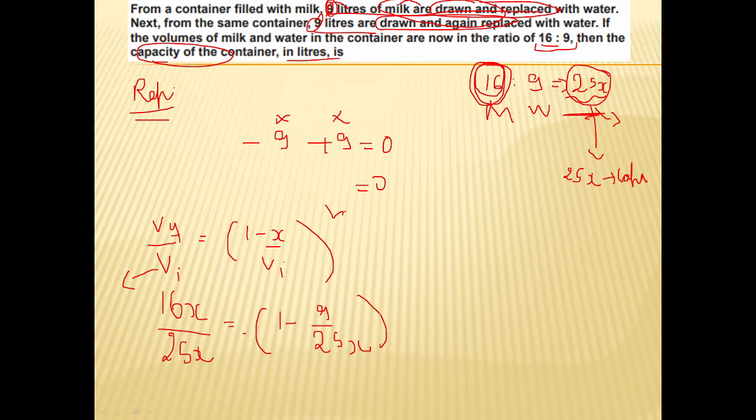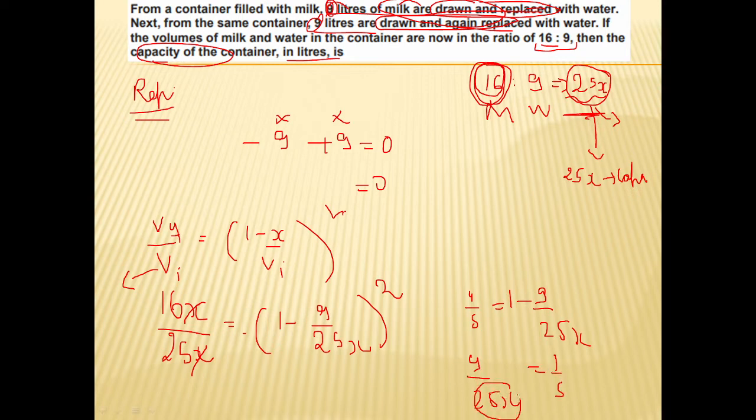The power is how many times it is done. Drawn and replaced once and again, so 2 times. The power is 2. This gets cancelled. 4 by 5 equals 1 minus 9 by 25x. So 9 by 25x equals 1 by 5.